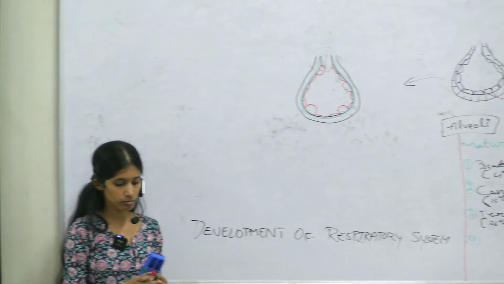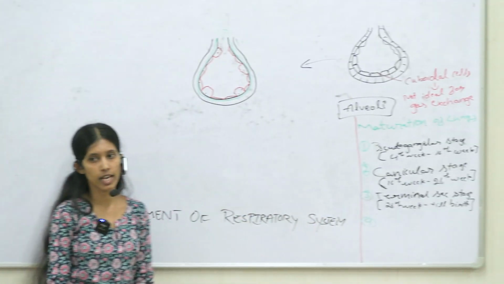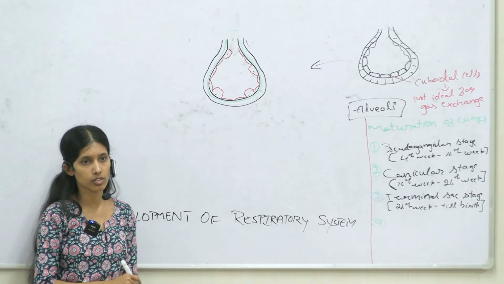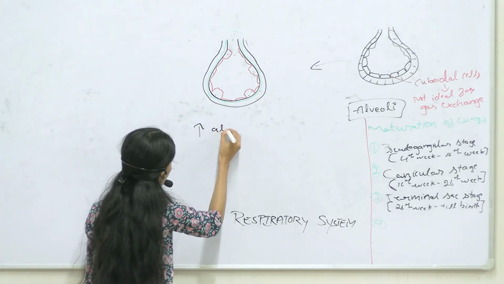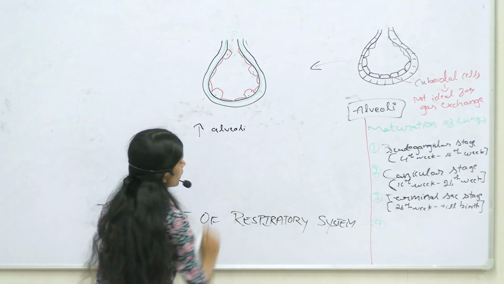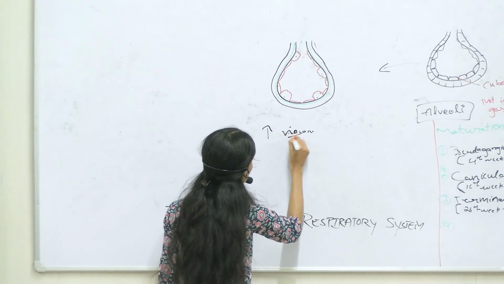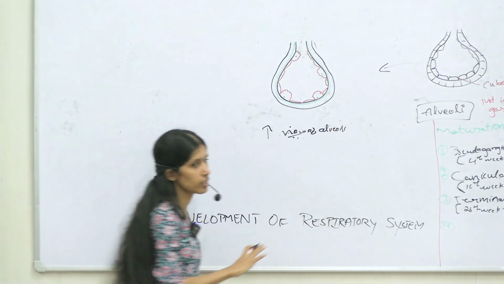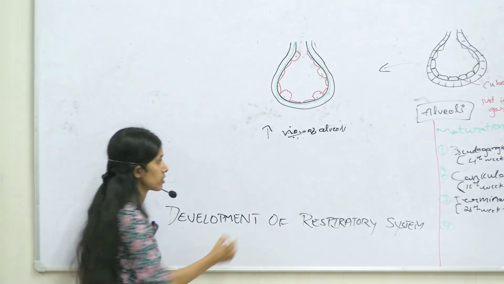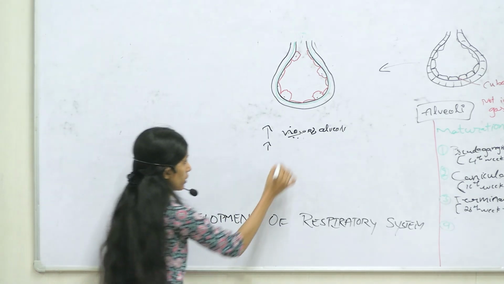Okay. So now we are studying the terminal sac stage. In the terminal sac stage, we can see the increase in the alveoli number. Okay, increase in the number of alveoli. Once the number of alveoli increases, it will increase the respiratory bronchioles also.